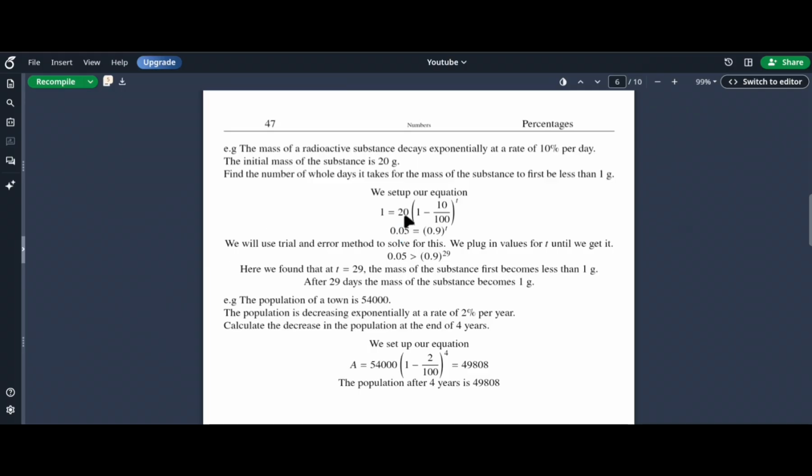Next we divide by 20 on both sides to get this value. Now we will use trial and error to solve for this and plug in values until we get a value that is first less than 1 gram. If you want, you can still keep the 20 over here, and this will give a similar value.